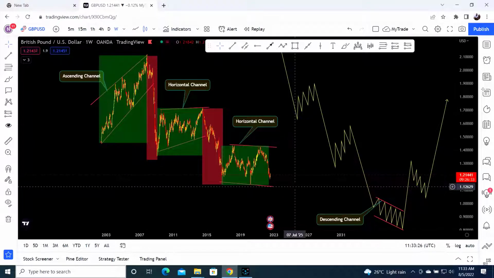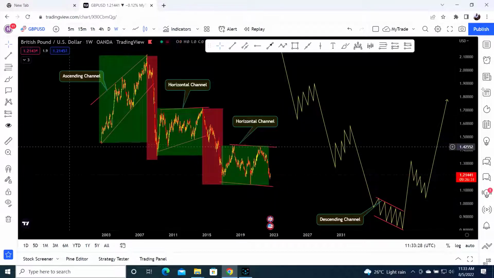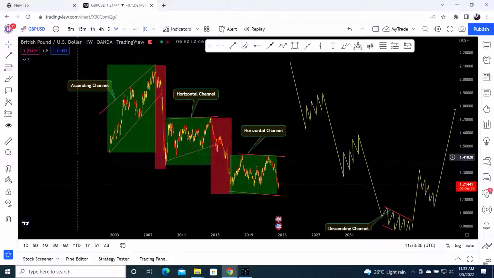One thing we can see is that the corrections are labeled with green and the impulses are labeled with red. Obviously, looking at the size of the rectangles, we can say that the corrective phases last longer than the impulsive phases.